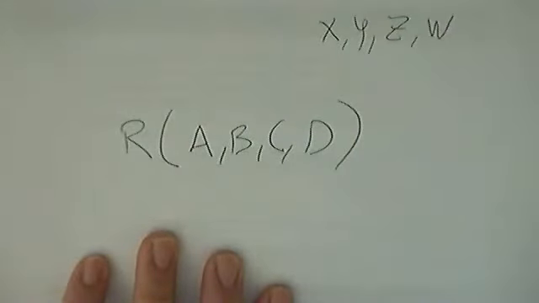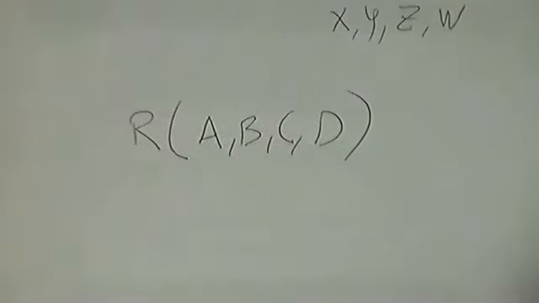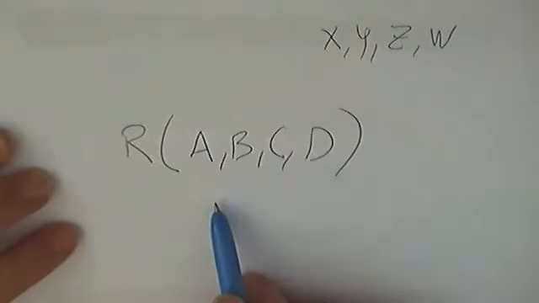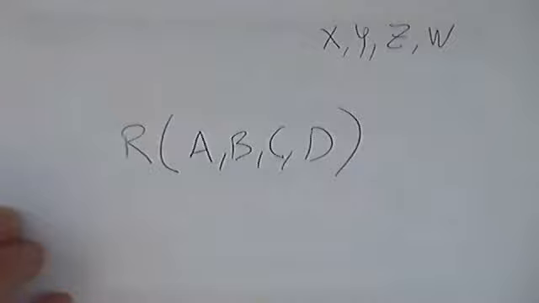All right. So what's a key? A key, or what is going to wind up being called a candidate key of a relation, is those attributes which will functionally determine all the other attributes in the relation.